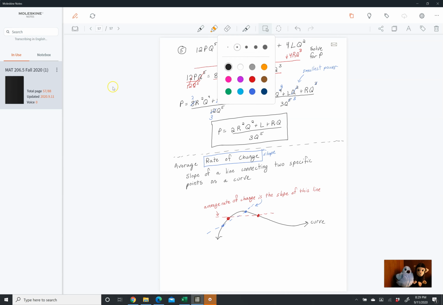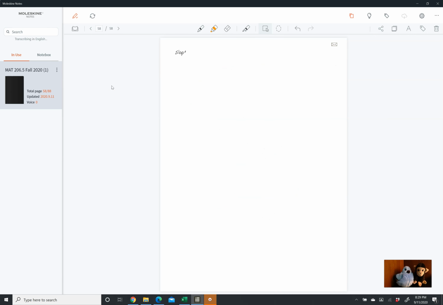That's what we're using here. And if you remember, we can write that as y1 minus y2 over x1 minus x2. Well, that's what we're using to find the average rate of change.